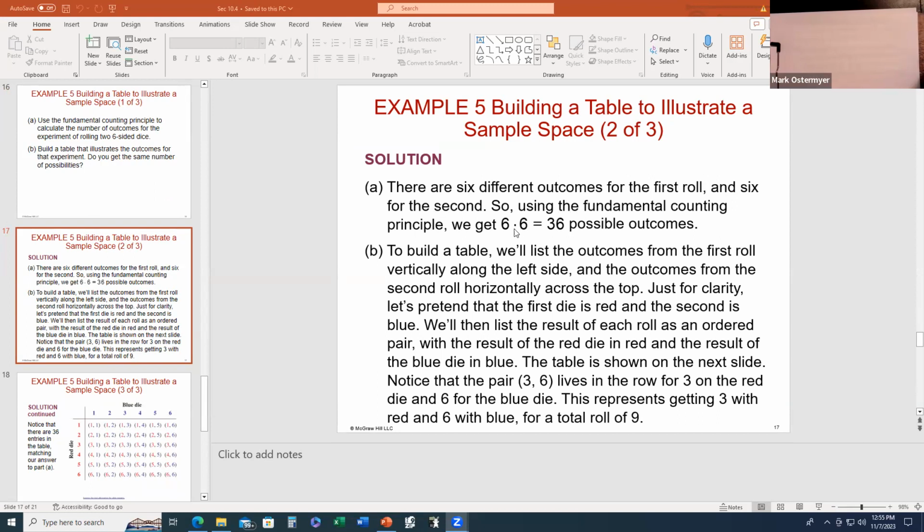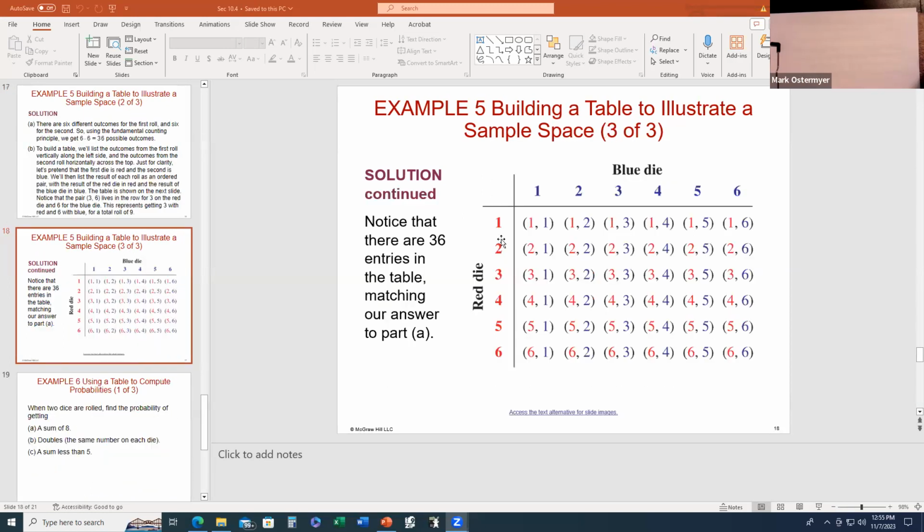So the fundamental counting principle says there's going to be 6 times 6, or 36 possible outcomes. To do that, our rows could represent the value we roll on die 1, the red die, and the columns would represent the value we roll on the second die, the blue die.